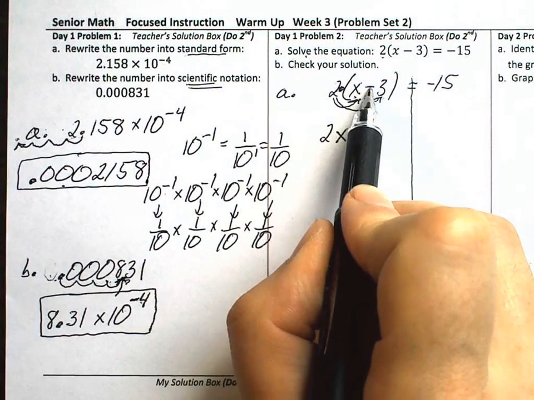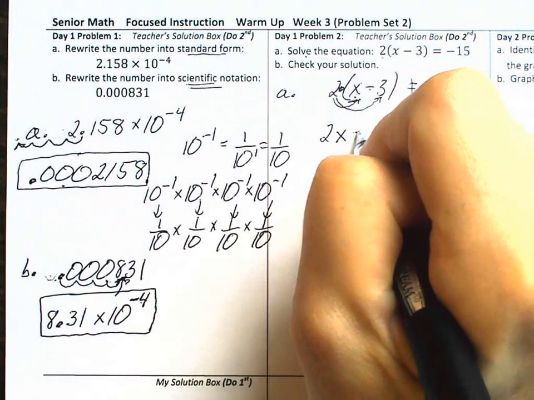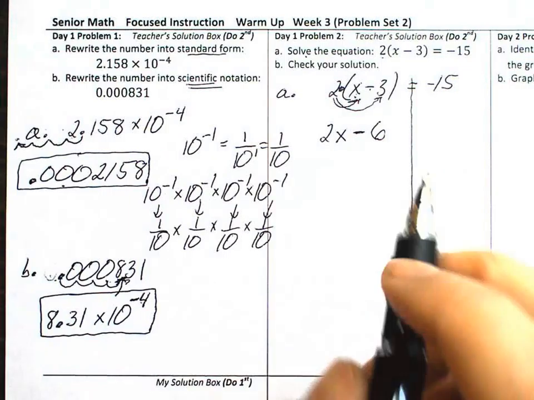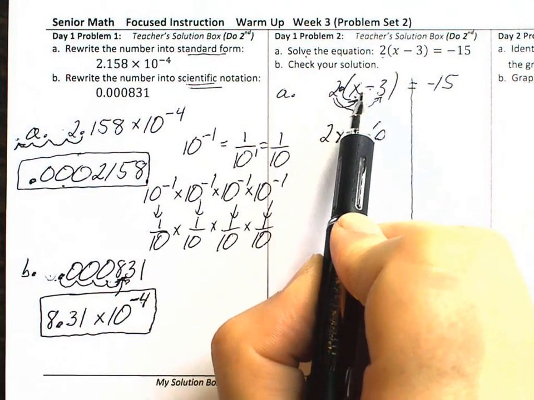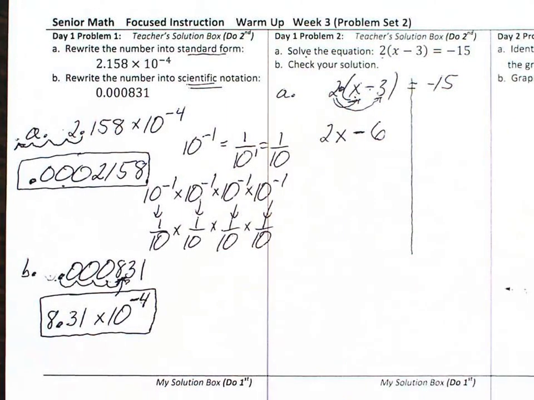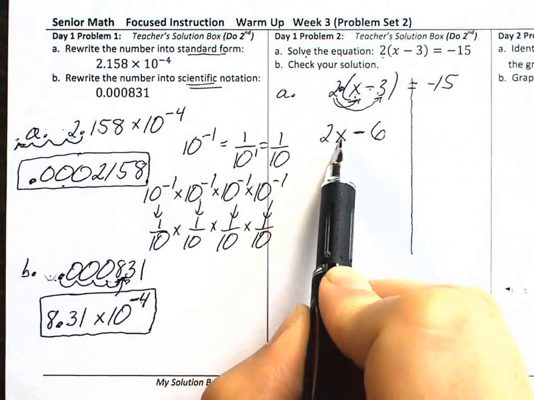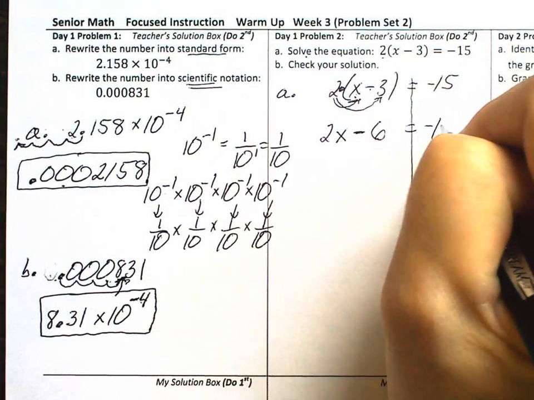And there's a subtraction symbol used to separate these two terms, and so let's continue to use the subtraction symbol right there. And so what's going on here is that we're saying that 2 times the quantity x minus 3, which is like having 2 x minus 3's, could be written as 2x and then minus 6. And that's equal to negative 15.